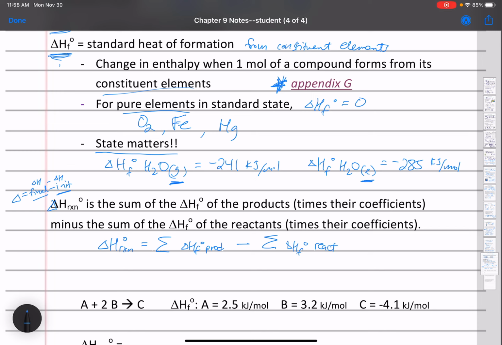We also can't forget the coefficients in the equation, so we multiply these by the coefficients, or the moles n. So we're taking the final, the heat of formation of all of the products, minus the initial, the heat of formation of all of the reactants, to get the heat of the reaction.